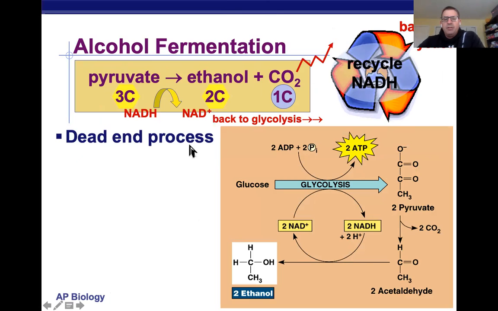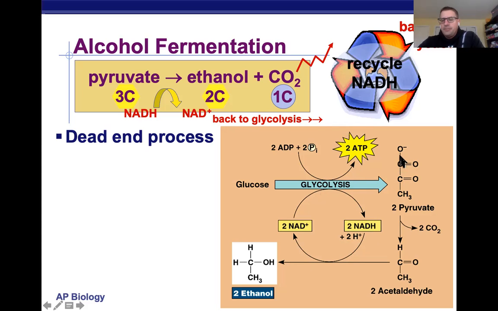So we start with glucose, it goes through glycolysis, it generates pyruvate, right? And in the process of glycolysis, 2 ATP and 2 NADH are generated. But we've got to have somewhere for these NADH to drop off their electrons that they've picked up so that NAD plus is regenerated and can go back to glycolysis.